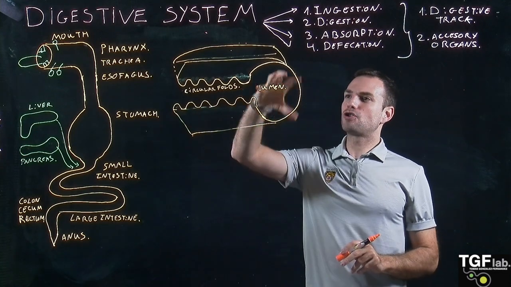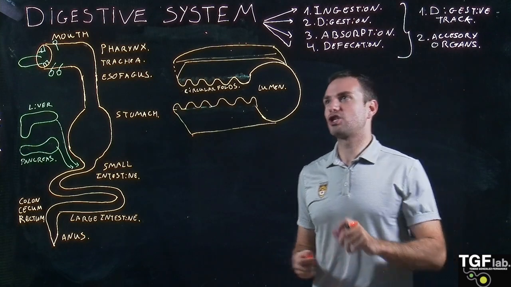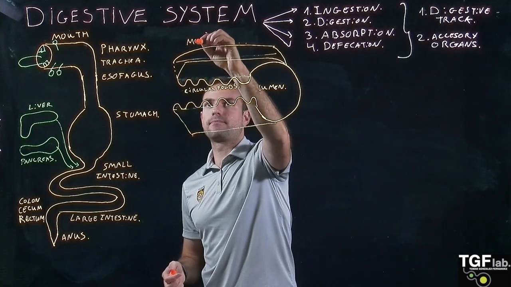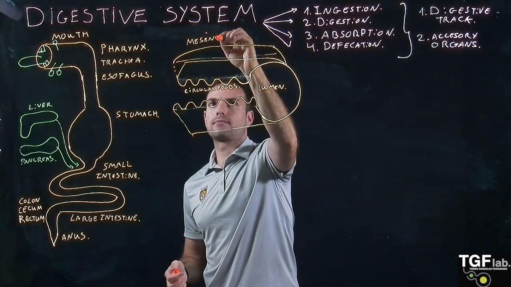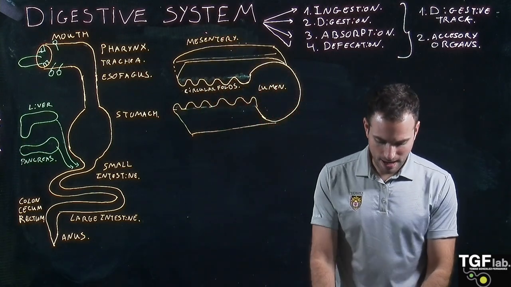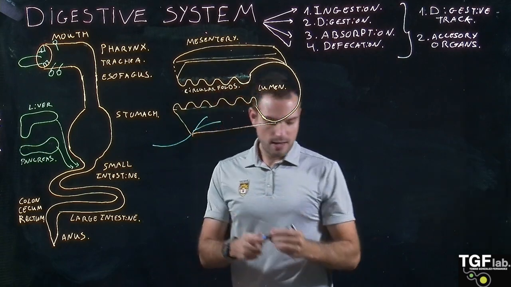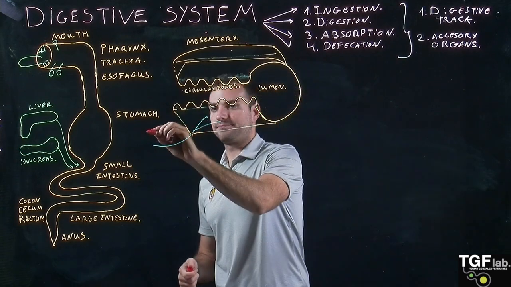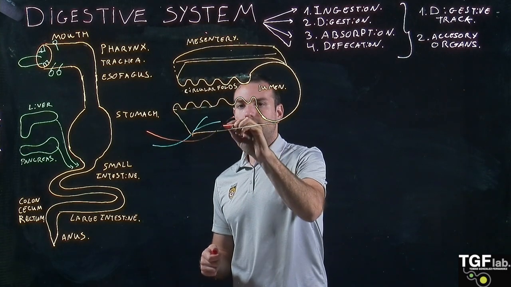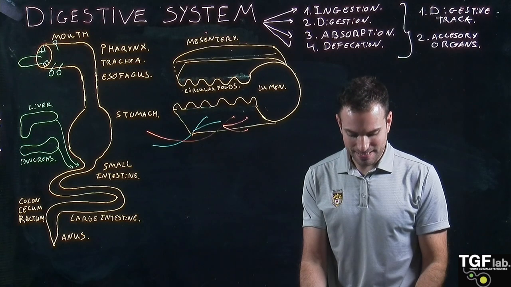And then on top of the epithelium of the digestive tract, we have this other layer, which is called the mesentery. So in the mesentery, we have the veins, and also we have arteries, which are called the mesenteric arteries and mesenteric veins.